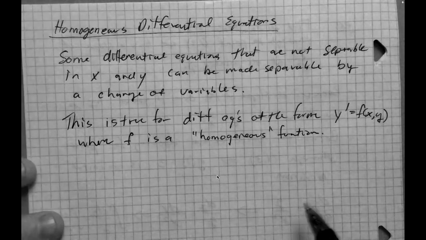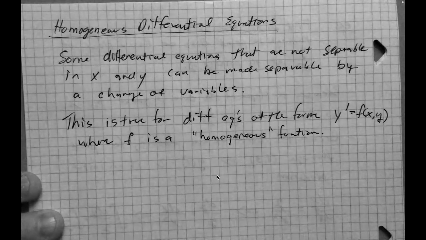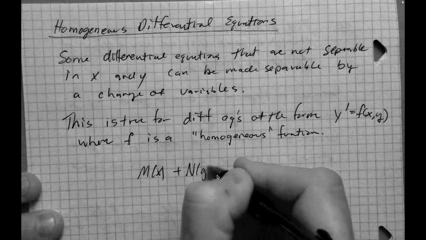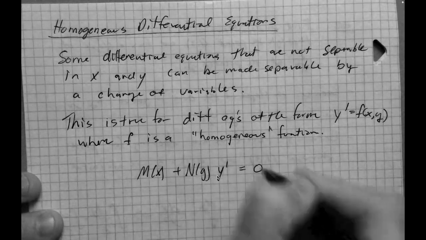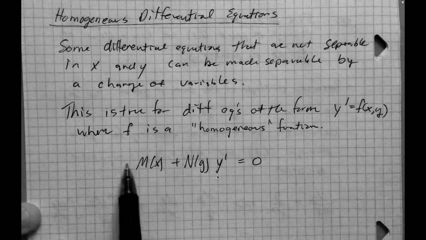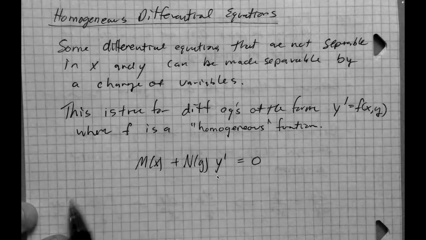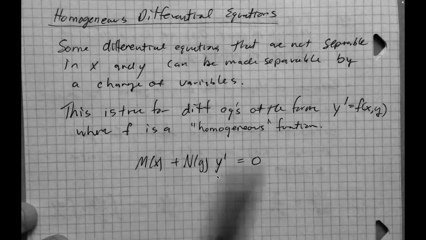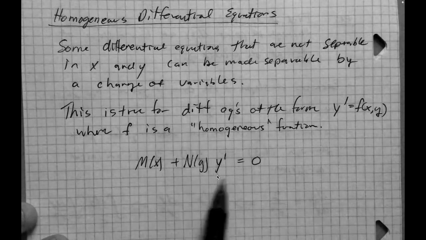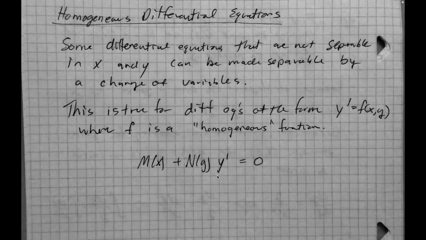We just saw examples where we had a form where you had M of x plus N of y times y prime equals 0. Differential equations of this form are immediately separable. M of x can just come over here, N of y can stay here, and dy over dx can split as needed.